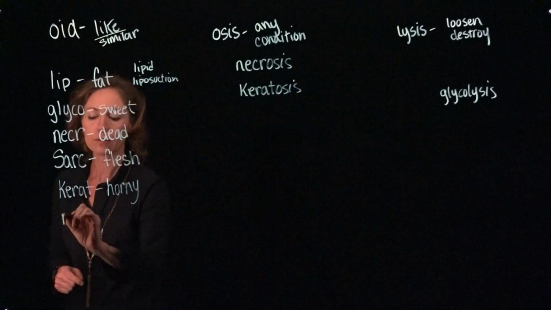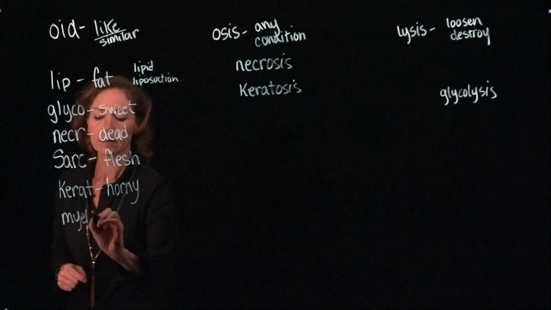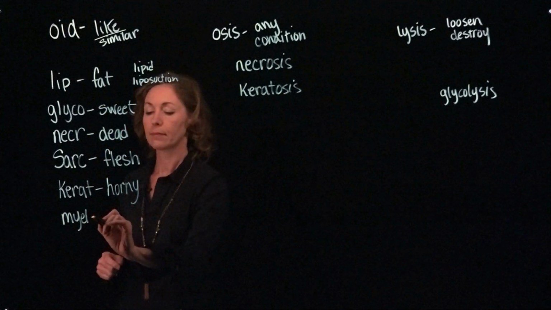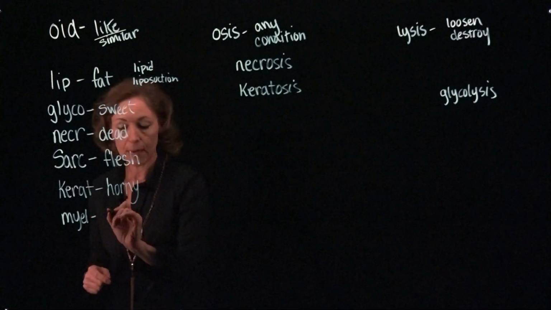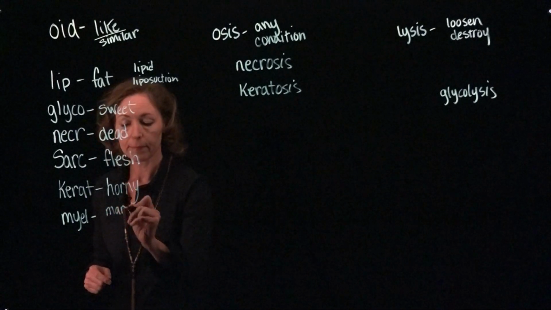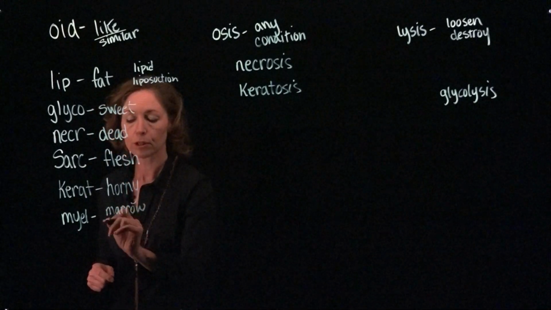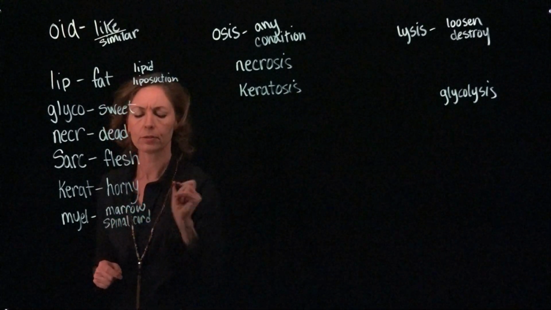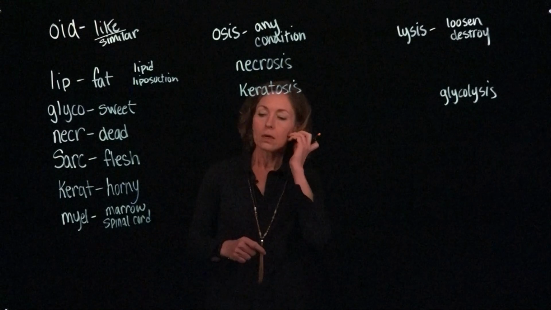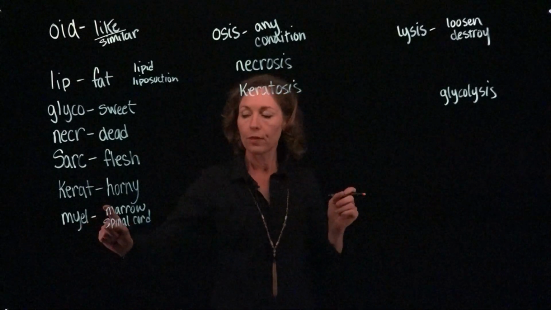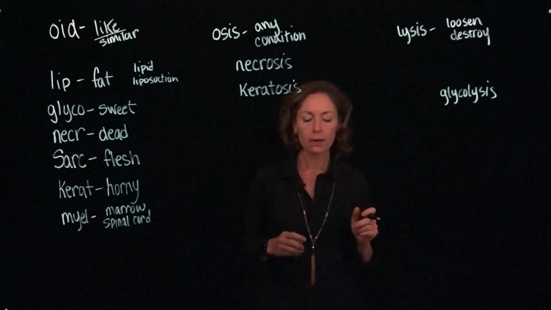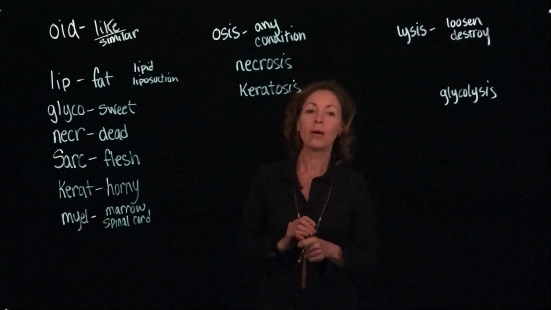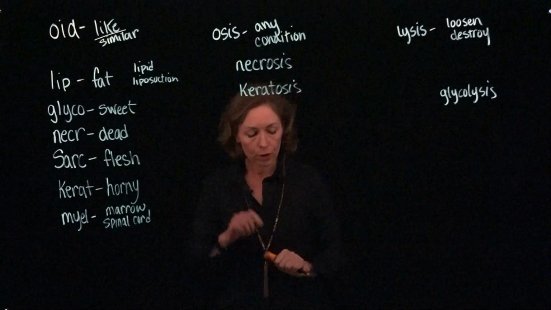All right, our next word is myel. Myel means marrow or spinal cord. This is a very squeaky marker today. With myel, I think one of the places you may be familiar with it is someone who has leukemia.